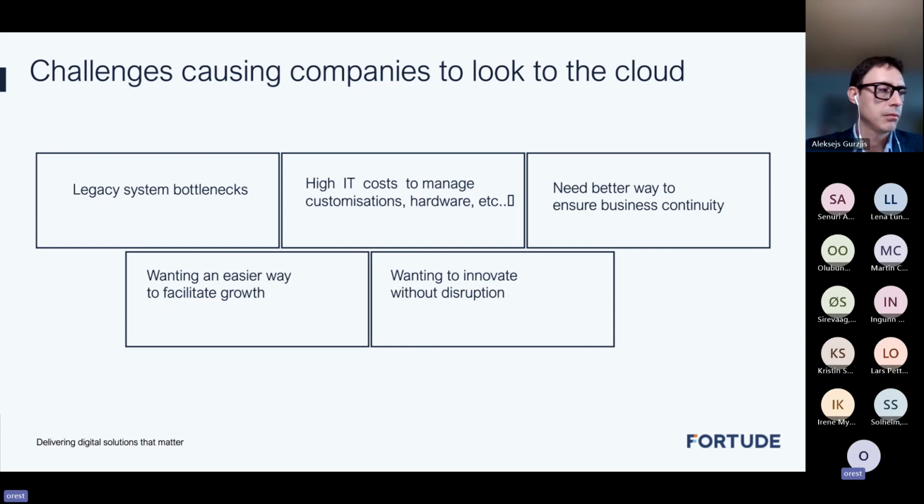Another one that comes to mind from our experiences has been Eagle Food. Eagle Food is moving away from a single tenant environment and going into the cloud as they expand and grow. Plus, they wanted to have increased security. Those were the challenges they were facing. Also, they were looking for a solution that provided industry-specific content.